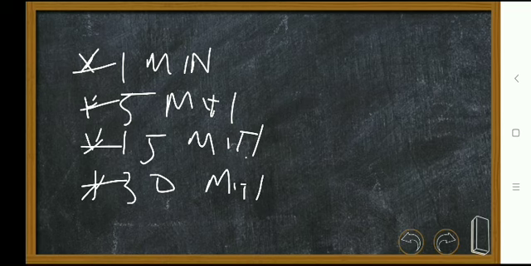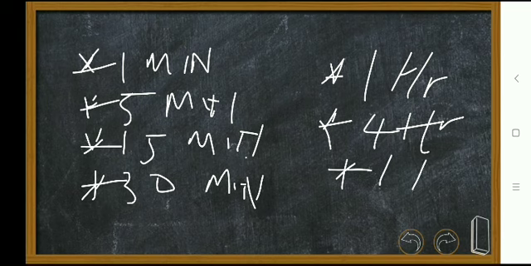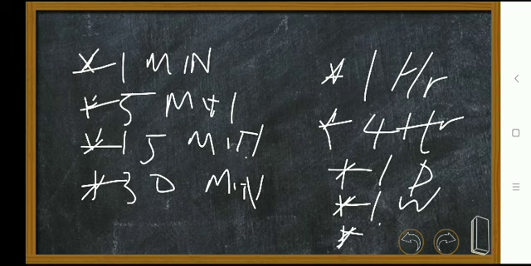These are minutes. Then we go on to have 1 hour, 4 hour, 1 day or daily, 1 week or weekly, then 1 month or monthly. So these are the time frames.